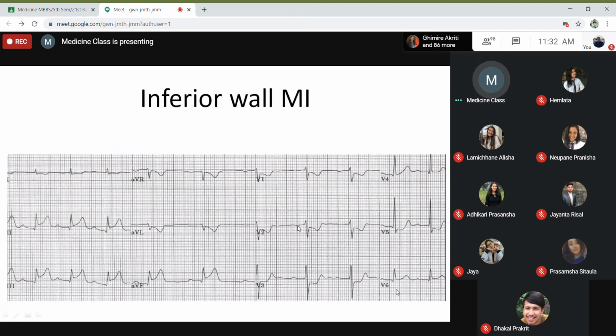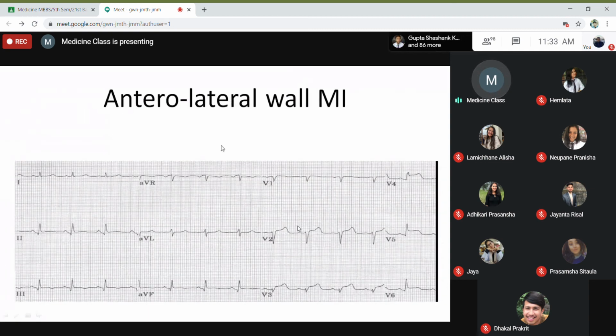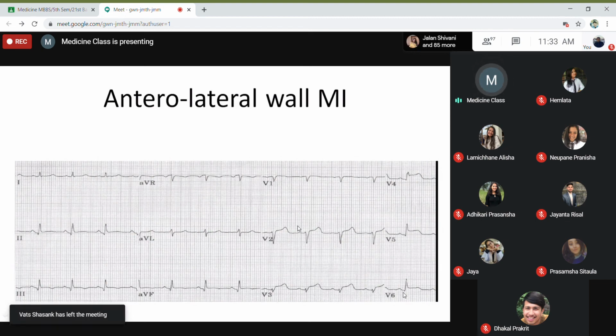And you'll have reciprocal changes of ST segment depression with T wave inversion in other leads, especially V1 to V5. This is an anterolateral wall MI where you'll have ST segment elevation with T wave changes in V6, V5, V4, and V3.